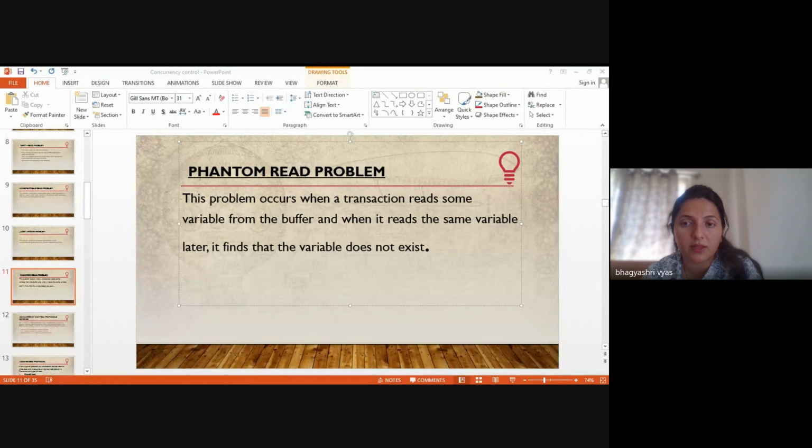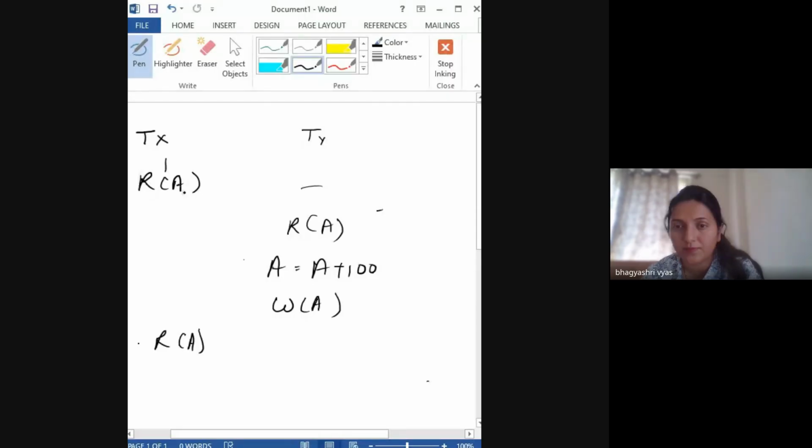Can anybody make an example for phantom read? Okay, I'll tell you again. Is this visible to everyone? Yes. Again, we have this transaction for phantom read.